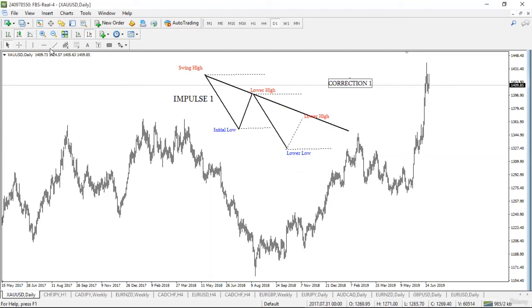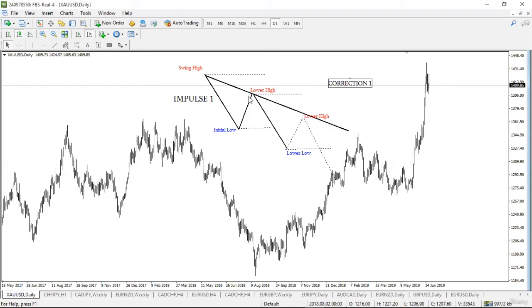Once you get another impulse in this direction, so this is an impulse, this is an impulse, this is another impulse. These are corrective moves. This is a correction, this is a correction. Most trend following strategies will trade after this corrective move, either somewhere around here or somewhere around here.